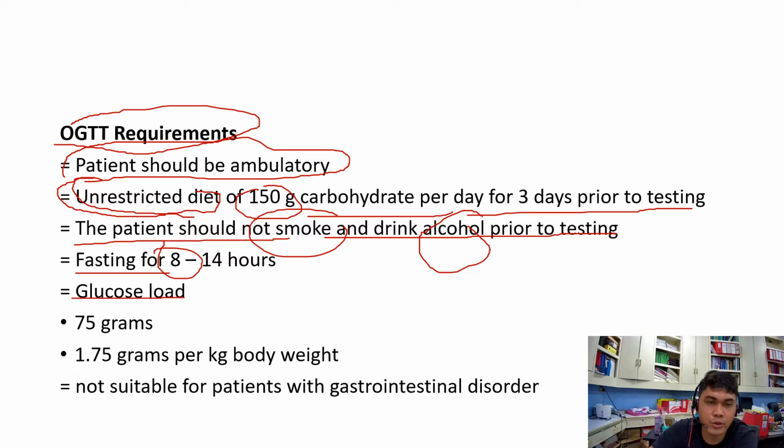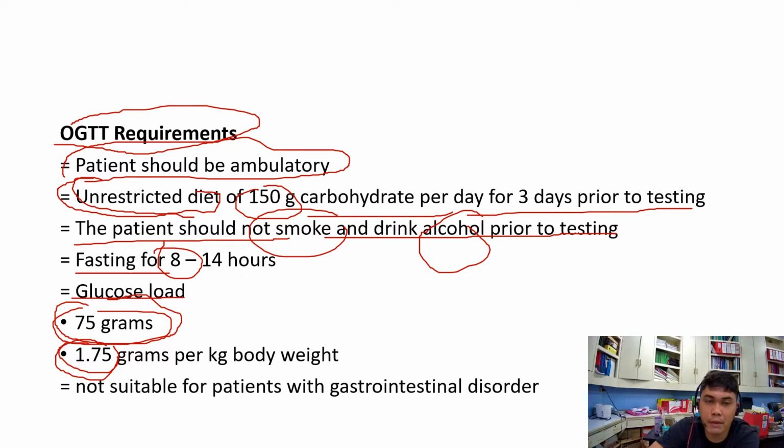Then the glucose load is 75 grams. This is for adults, but for pedia patients, the standard glucose load is 1.75 grams per kilogram body weight.